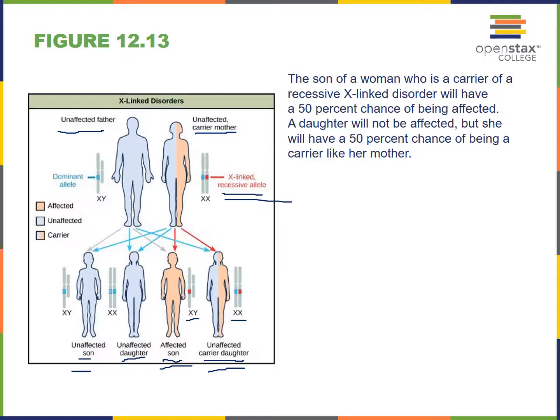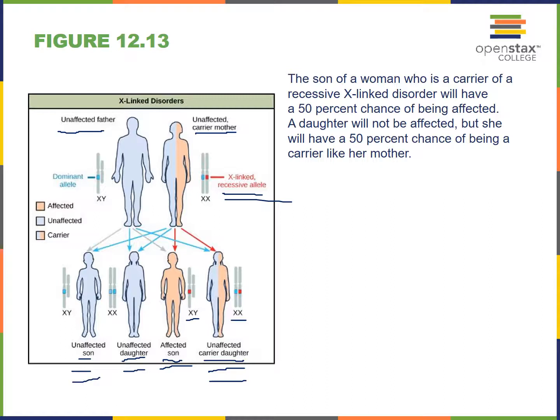But in this pattern, a lot of times, if it's X-linked, for example, you'll see daughters being born at a way higher rate than sons.